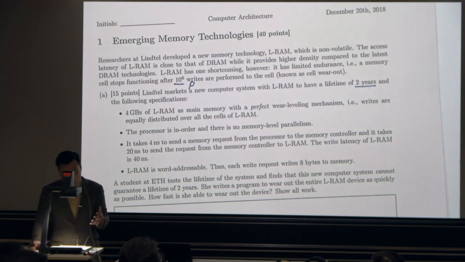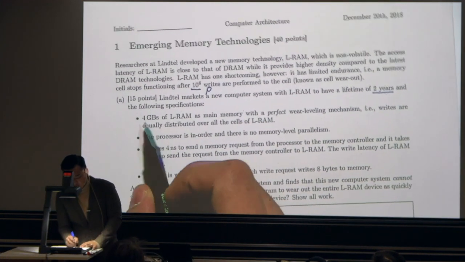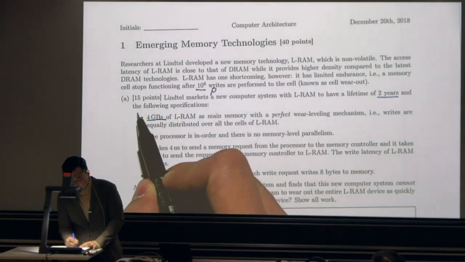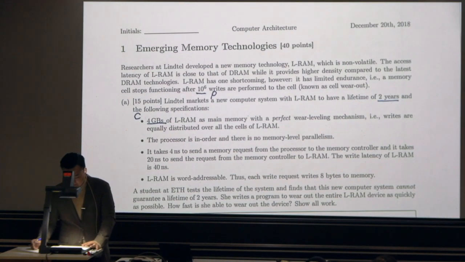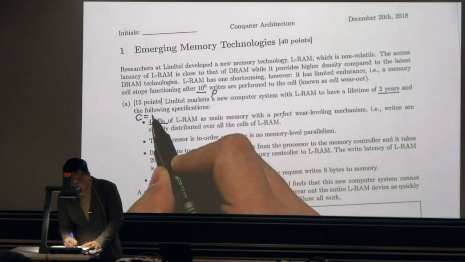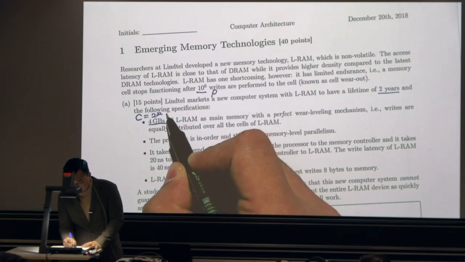So this assumption allows us to forget about the access pattern of some programs. Okay, so this value is also important. This is capacity. Let me put this as C. C is 4 gigabytes. It means 2 to the 32 bytes.